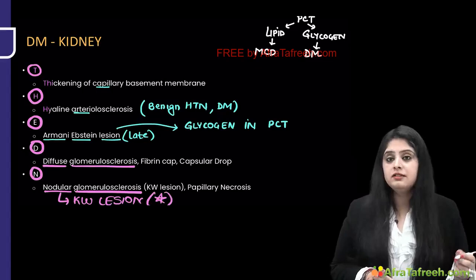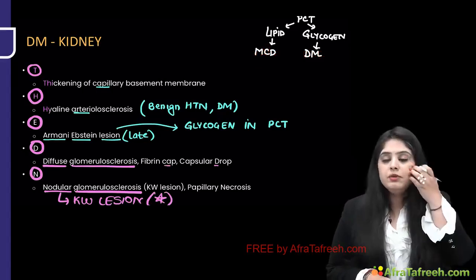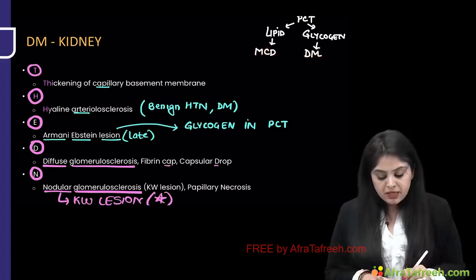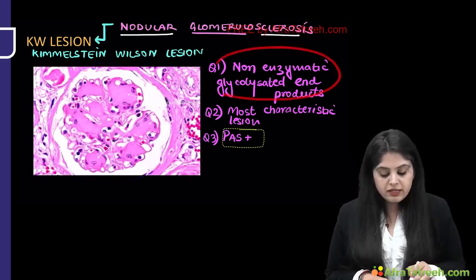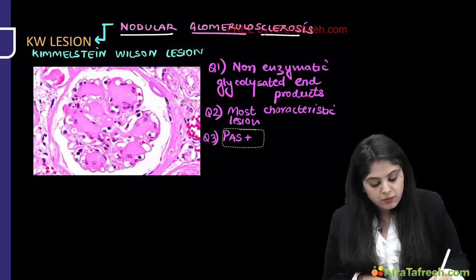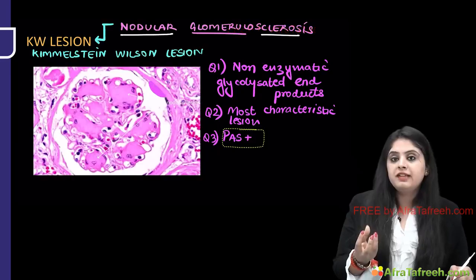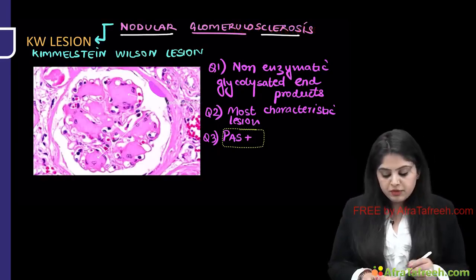Having said that, what are the other things for D and N? Drop and cap. What is drop and cap? You're not going to get a picture for it, but just remember, now I show you the same glomerulus, the same glycosylated end products. If they end up making a drop over here, they are dropping from the Bowman's capsule. If it drops from the Bowman's capsule, I call it capsular drop.